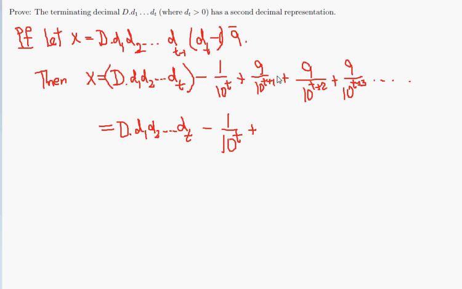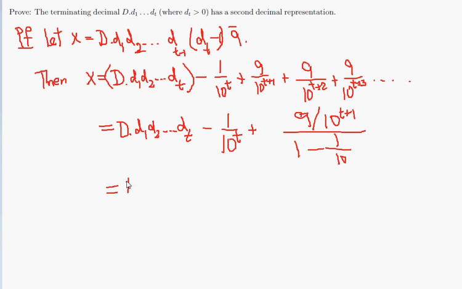The very first term is 9 over 10 to the t plus 1 over 1 minus the common ratio. What's the common ratio? Well, I multiply by 1/10 to go from one term to the next. So the bottom gets multiplied by 10 to the first power. So it's 1 over 10 to the first power that I multiplied by to go from one term to the next.